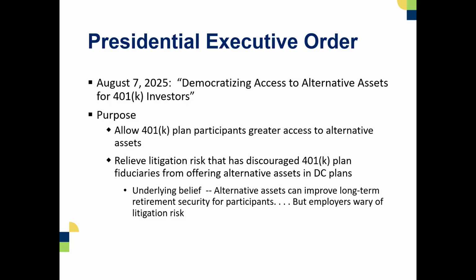The first is that the Trump administration wants to allow 401k plan participants to have greater access to alternative assets. The second primary purpose of the executive order is that the administration is concerned about the litigation risk that may have a chilling effect on 401k plan fiduciaries from offering alternative assets inside 401k plans.